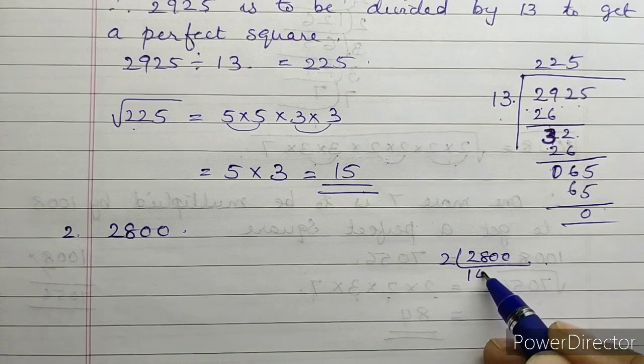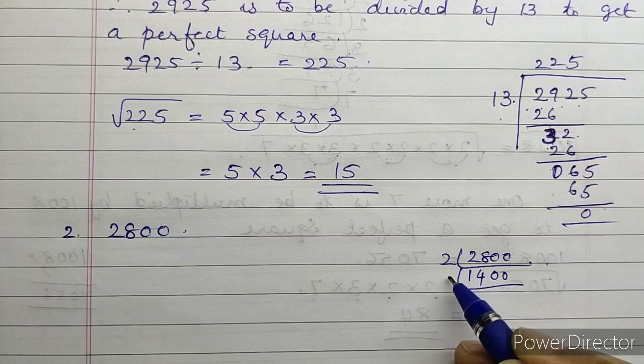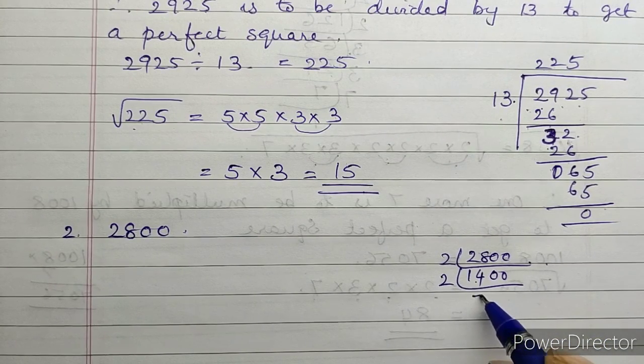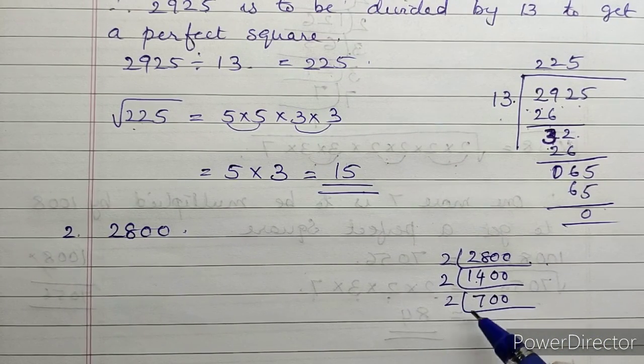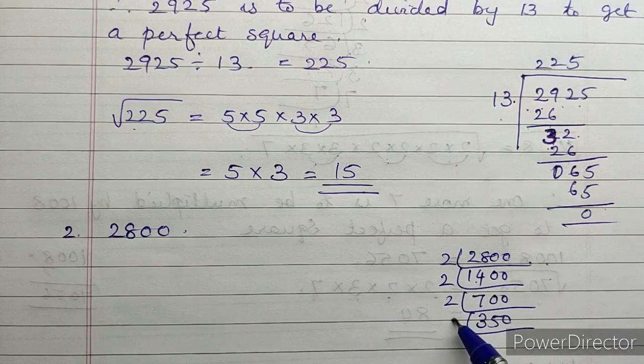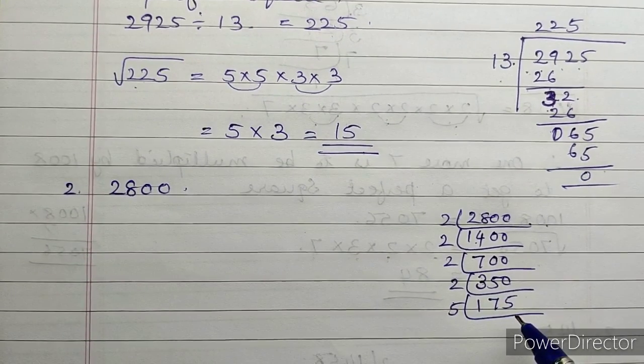So 2800, 4, 0, 0, again an even number, 2 times, that means 700, again 2, 350, 2 again, 175, it will go in 5 because the ending number is 5.